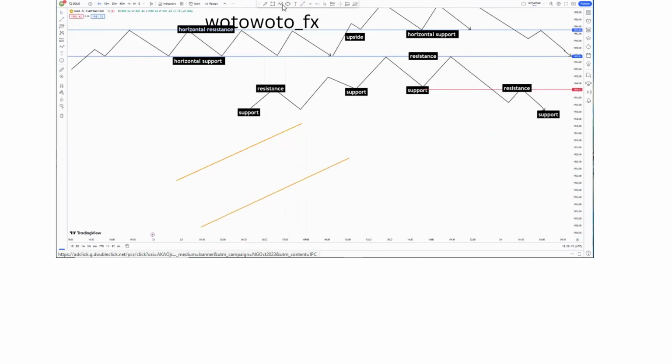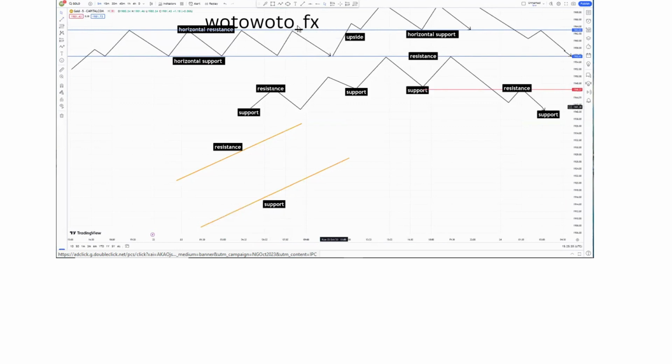So now, here is said to be the resistance, while here is said to be what? A support.